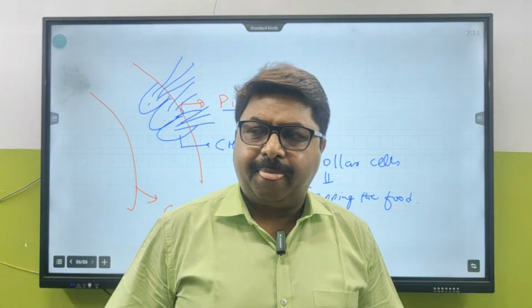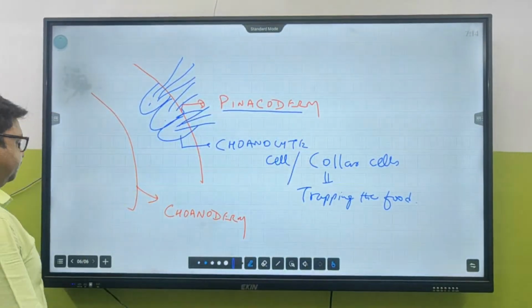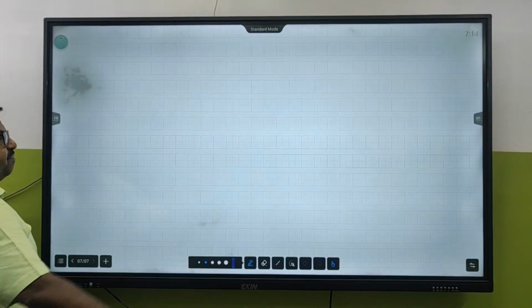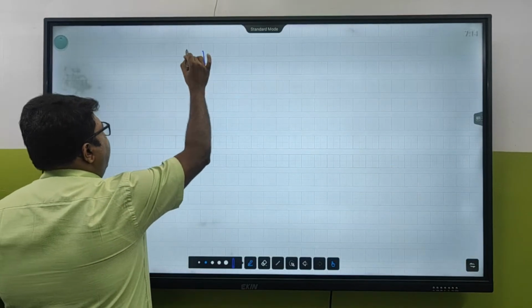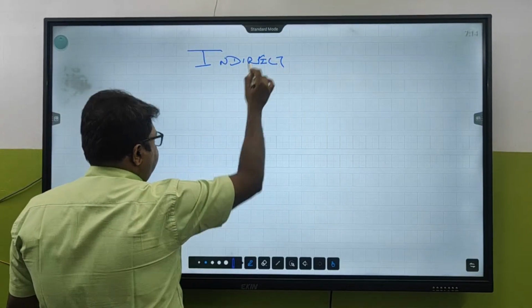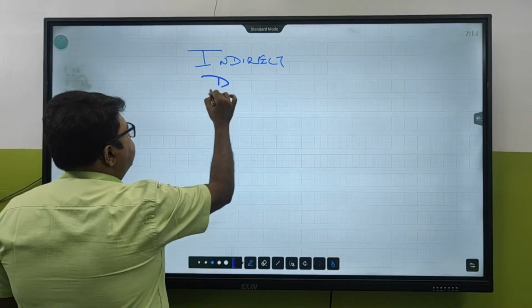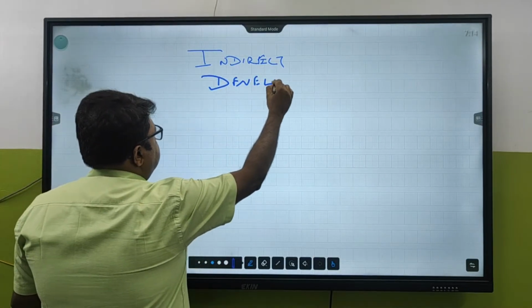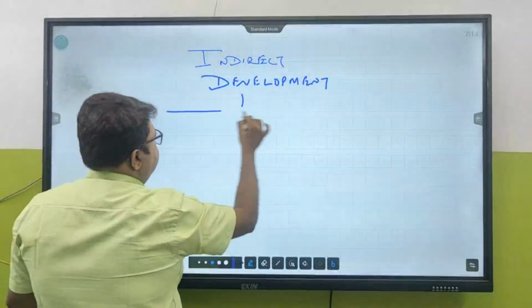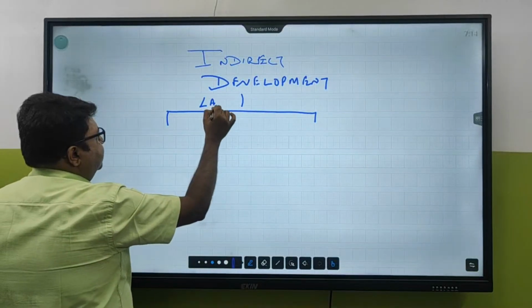Yes. Very good. Now, what kind of development do they show? Direct or indirect? They show indirect development. And in this indirect development, they have 2 types of larva.